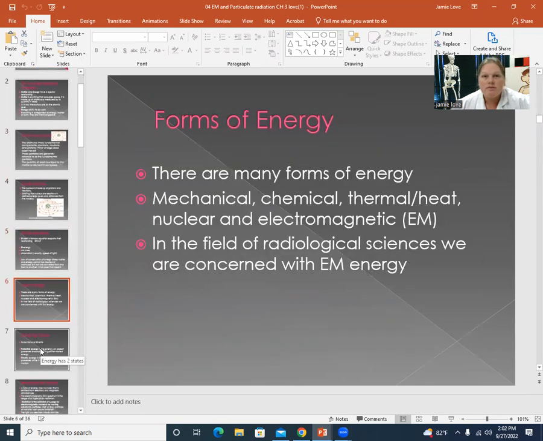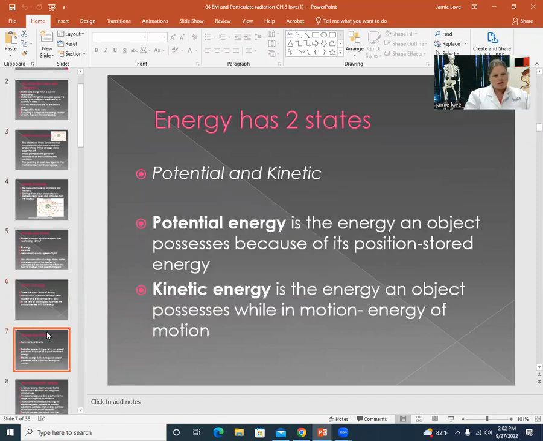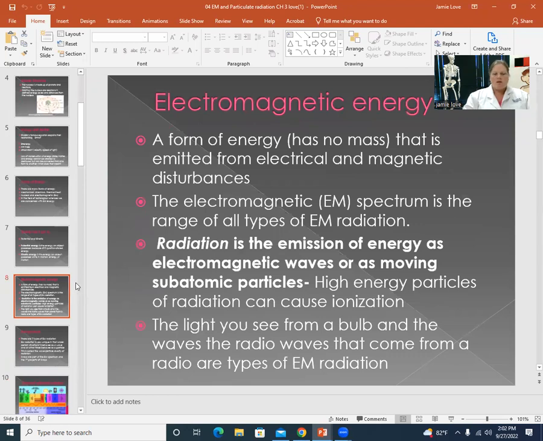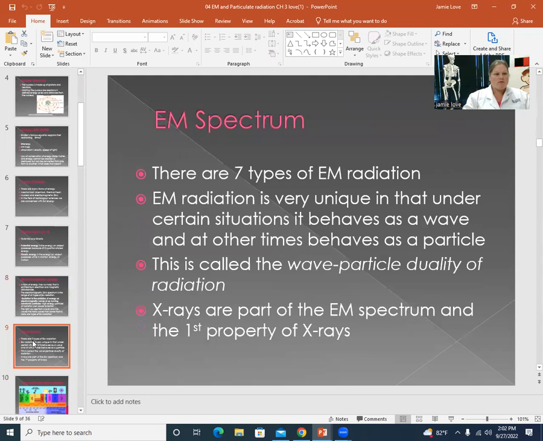We talked about different types of energy, forms of energy, where EM radiation is just one form of energy. On the EM spectrum, everything's in the form of a wave. So we talked a lot about wavelength and frequency in the waves and what that means. There are 7 different types of EM radiation. X-rays and gamma rays are just one part of that EM spectrum.